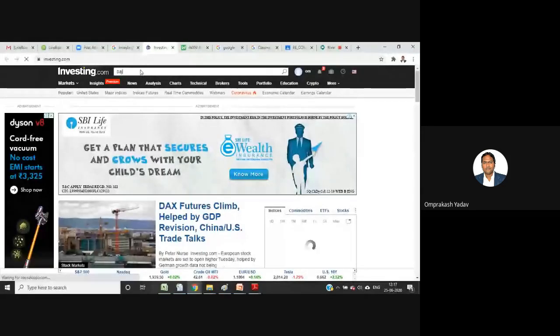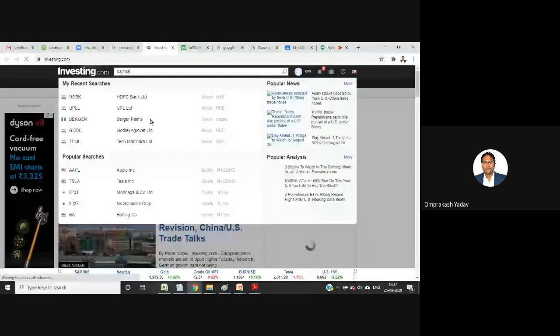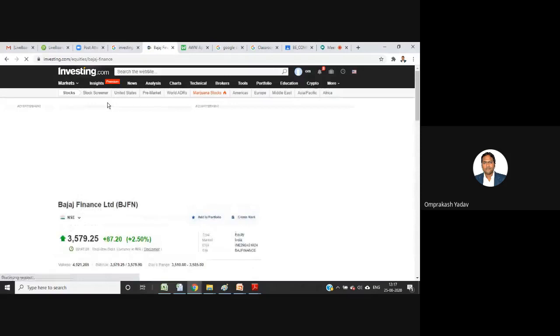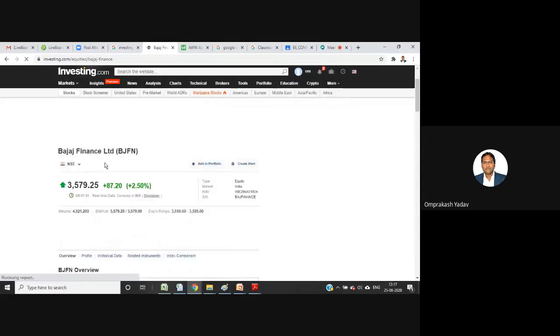There are many companies, so I'll just check. Let's check Bajaj Finance. I don't know whether all of you know this, or let's take the Infy chart.